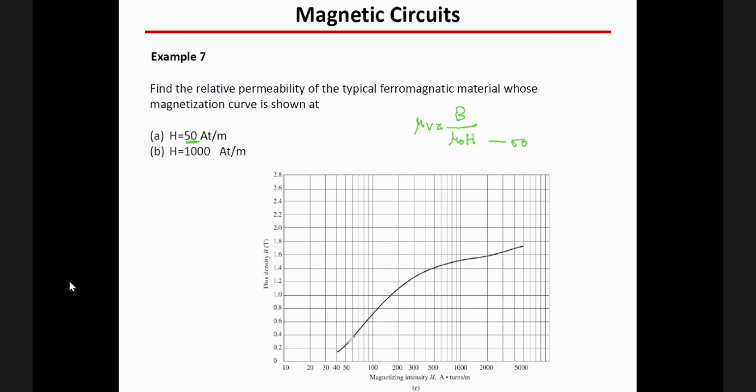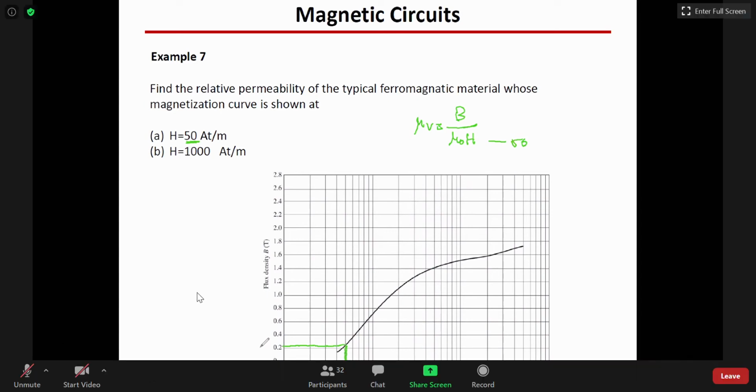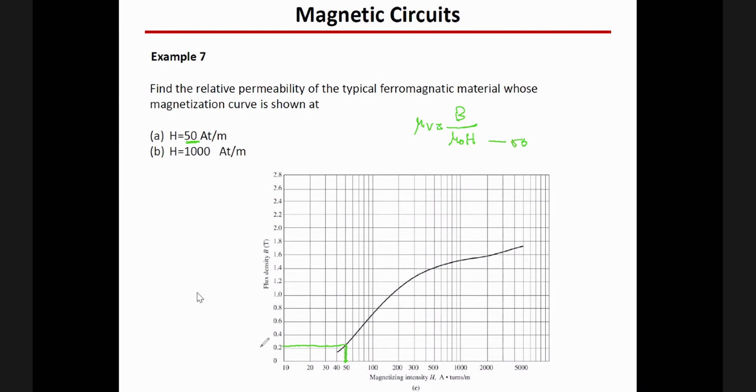So we go to the figure. It's an estimation. This is H equal to 50. We just find the corresponding B for this, which is maybe 0.25 or less, 0.22, right?